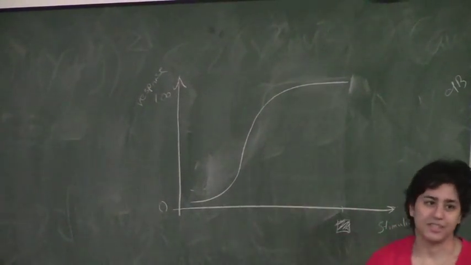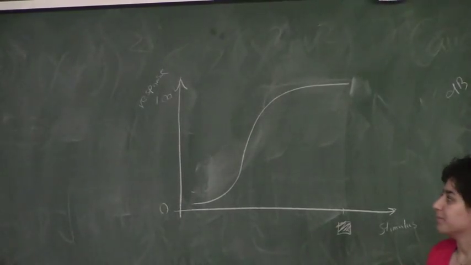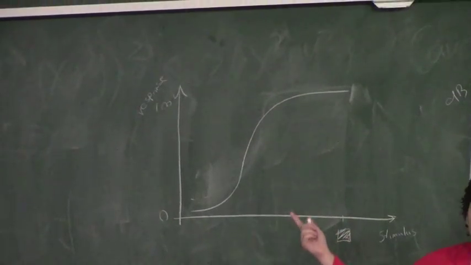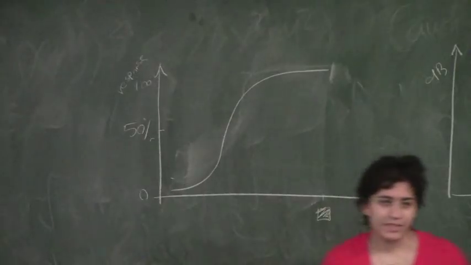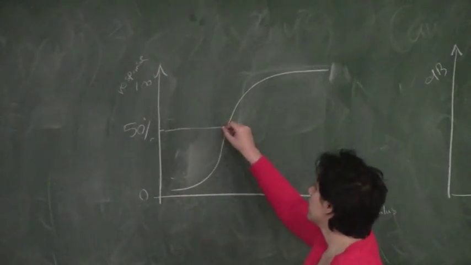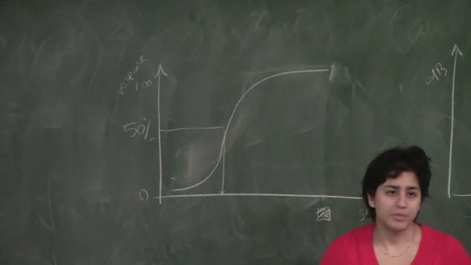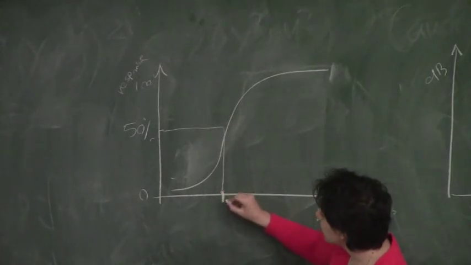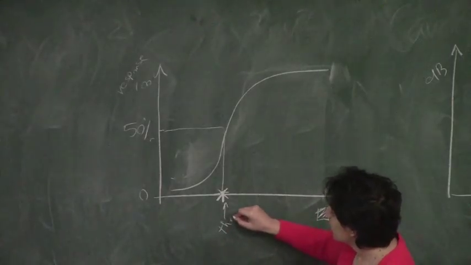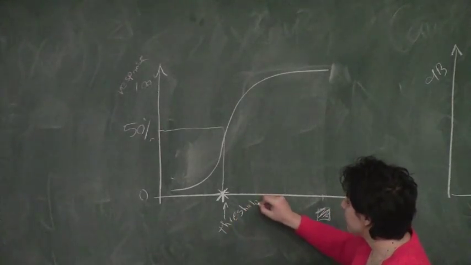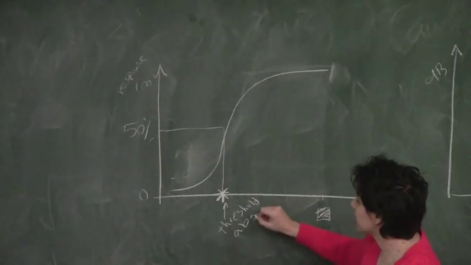So that's 100% detection. And so now we can think about thresholds. What's your threshold of detecting? We'll go to the 50% of the time, and the stimulus physical property, this particular value over here, that's your threshold. It's called the absolute threshold in the case of detection.